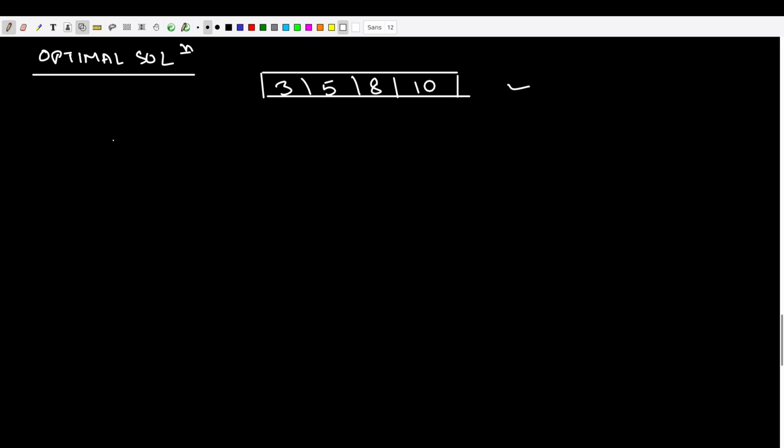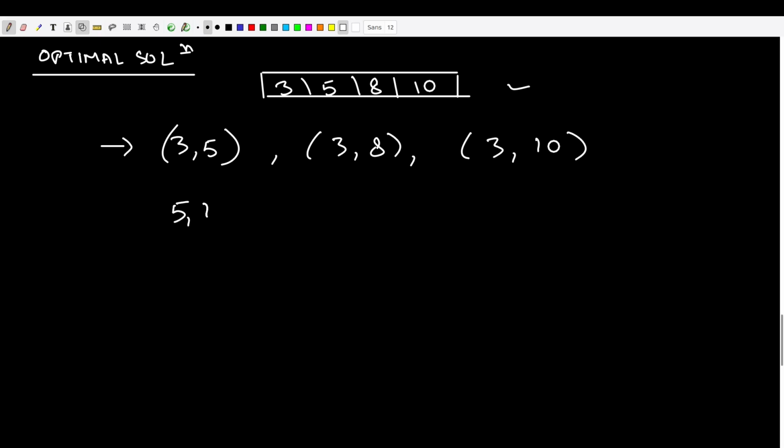Since we have to operate on two towers, the minimum difference could be obtained via these two towers, or via these two towers, or via these two towers. Similarly, the other pairs would be 5, 8 and 5, 10. And the last pair is 8, 10, right?